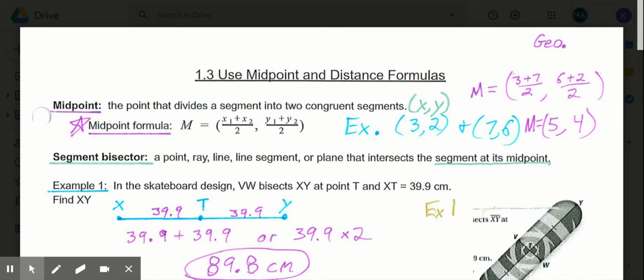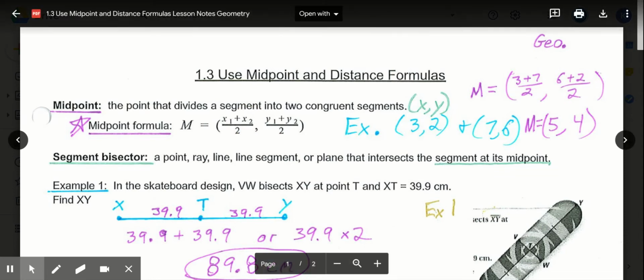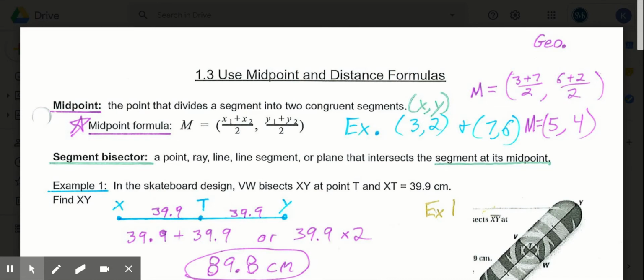If we look at an example to make sense of that equation, remember all coordinates are always written x comma y, so the x coordinate, then the y coordinate. If we have the ordered pairs 3 comma 2 and 7 comma 6, those are my two different ordered pairs.